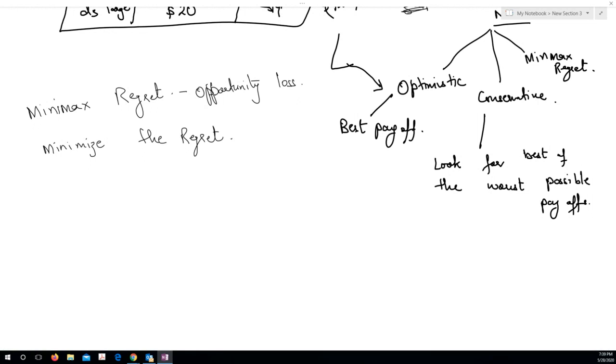So what is regret? Regret is the difference between the payoff associated with a particular decision alternative and the payoff associated with the decision that would yield the most desirable payoff for a given state of nature.